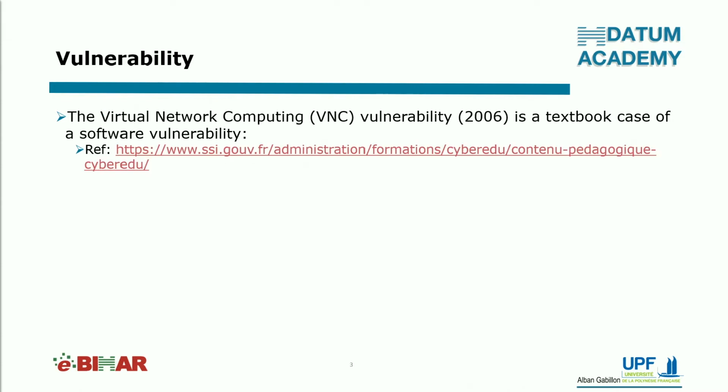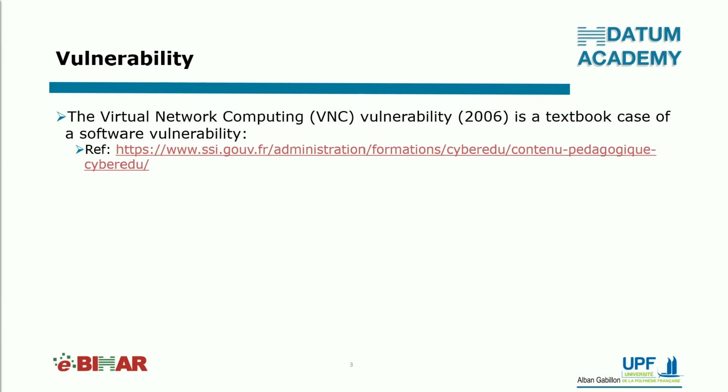So to give you an idea of what a vulnerability is, I will use a textbook case of a software vulnerability that existed in the VNC application. And the vulnerability is also described in the link given in this slide. I think many of you know what the VNC application is.